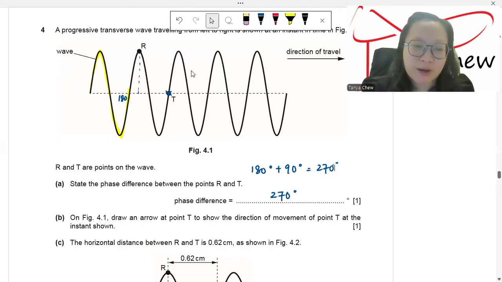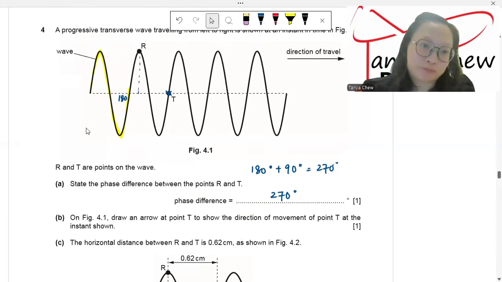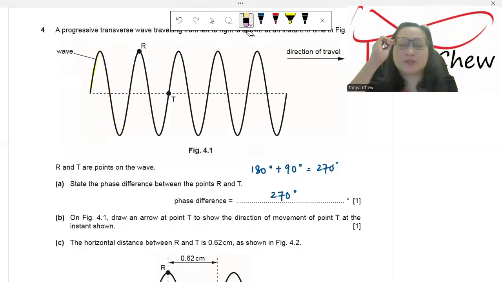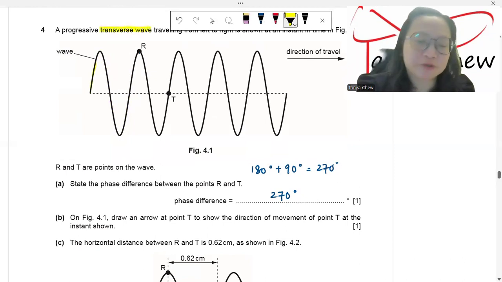Now, the next one. On Fig 4.1, draw an arrow at point T to show the direction of movement of point T at this instant. I erase this first. When you are asked to show what happens to the vibration of point T, first of all, this is a transverse wave.